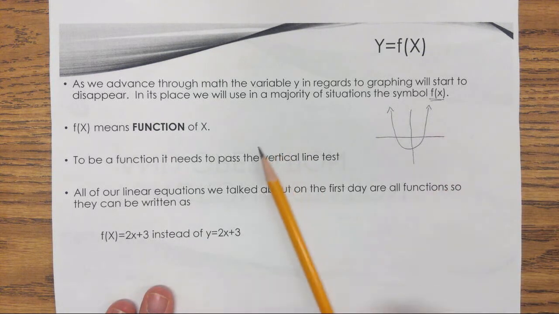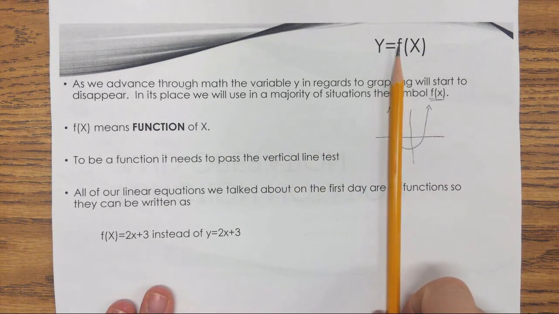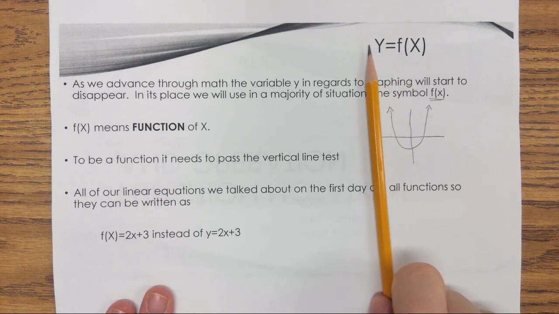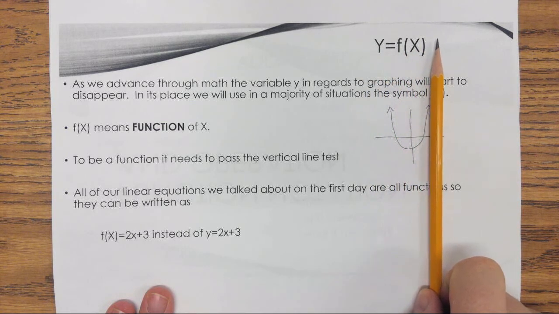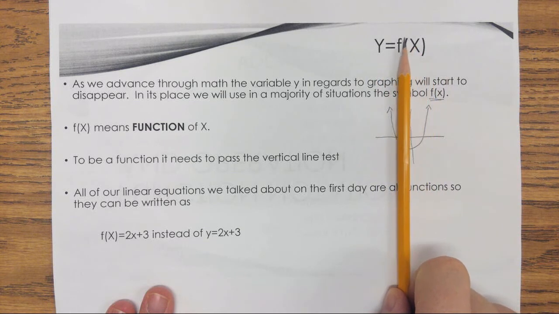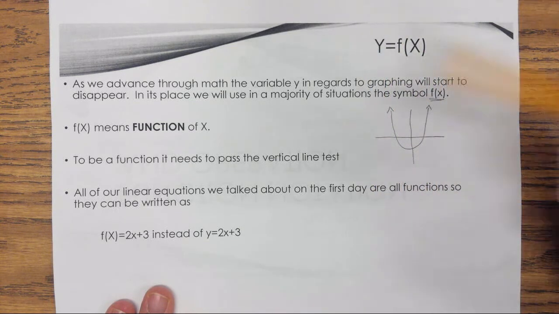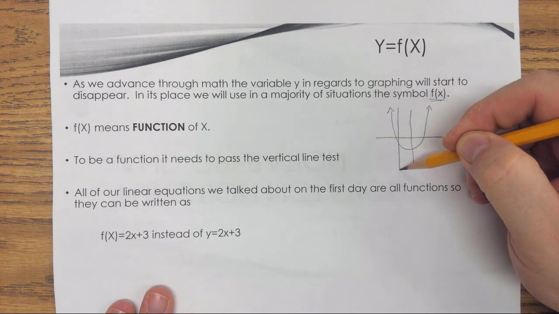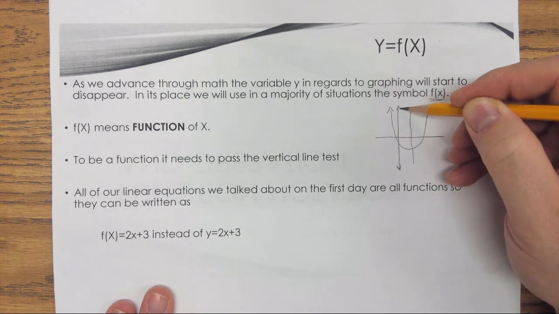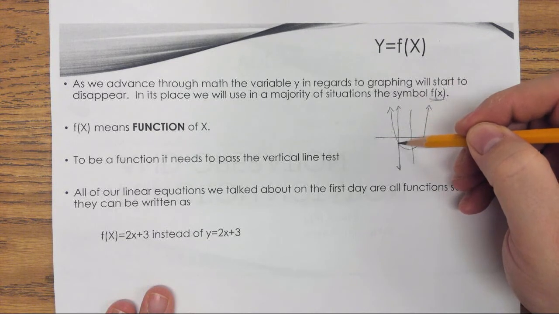If you take a vertical line, a straight up and down line, and move it across your function, then you'll see that it only crosses one time. As we're moving across, this is only going to pass through in one point.